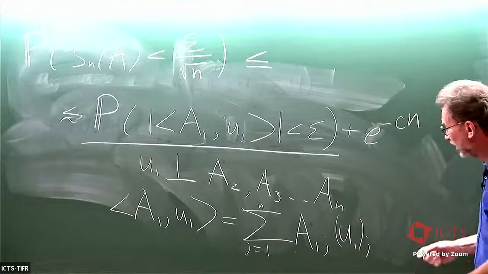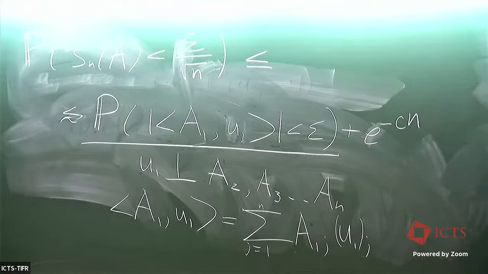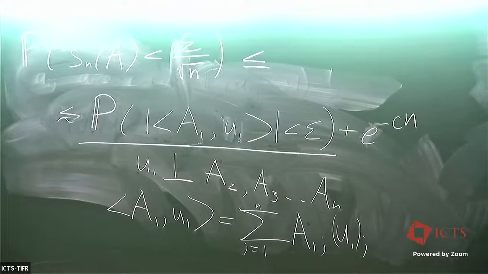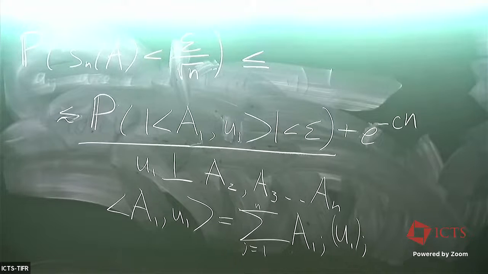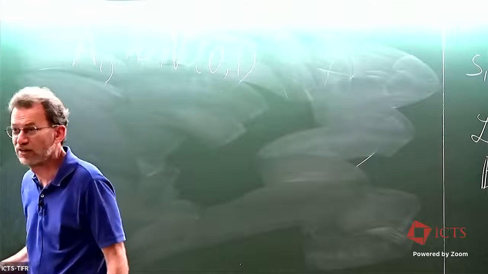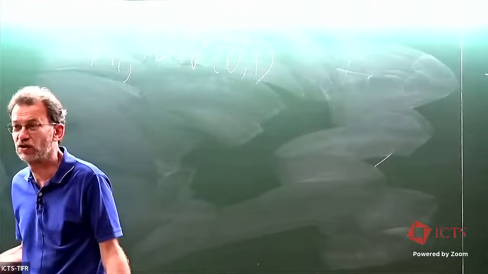Let's consider an ideal situation when the entries of the matrix are N(0,1), standard normal random variables. Then the linear combination of independent normal random variables is normal.